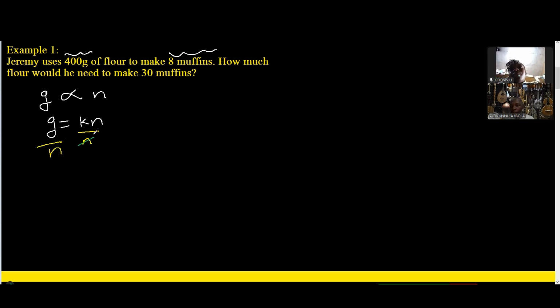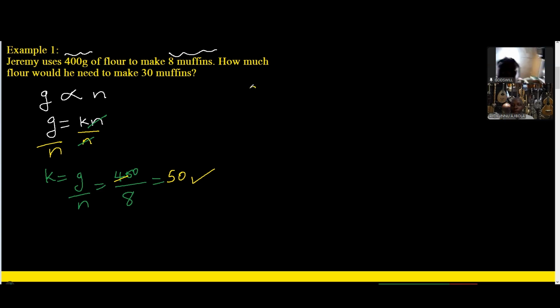So the constant is what? G over N. What is the gram? 400, right? Yes, sir. What is the number of muffins? 8. So what is 400 over 8? 8 in 40 is 5, yes or no? That's 50. Our constant is 50, okay?